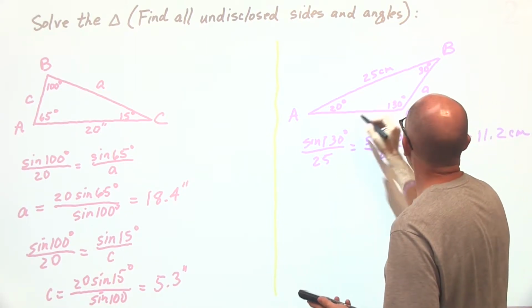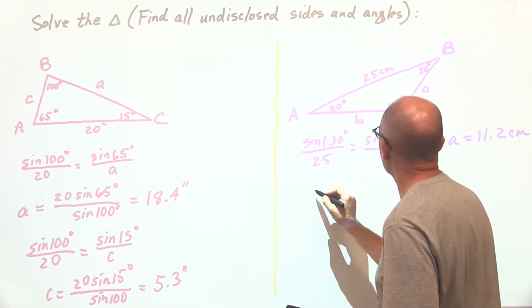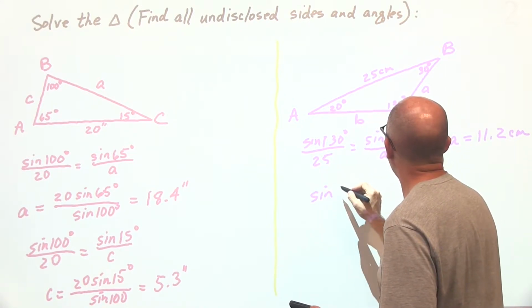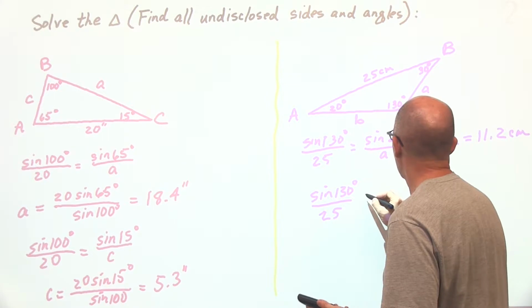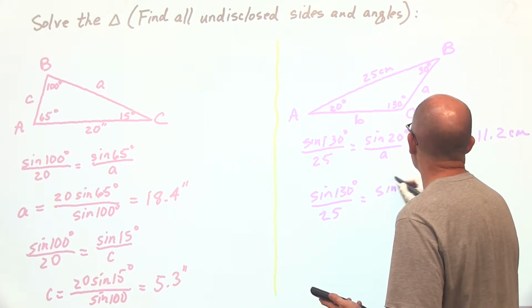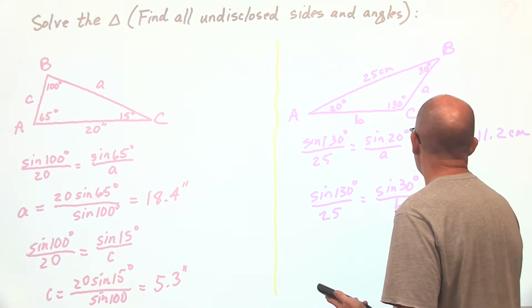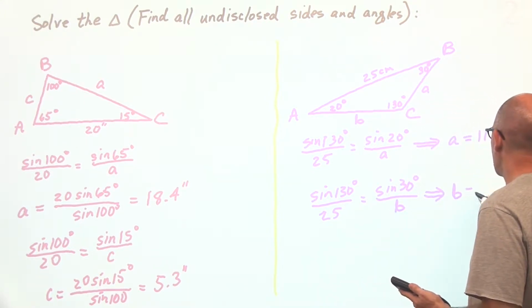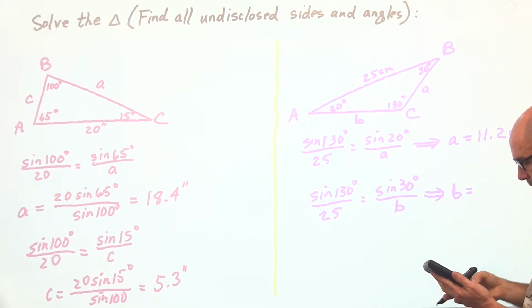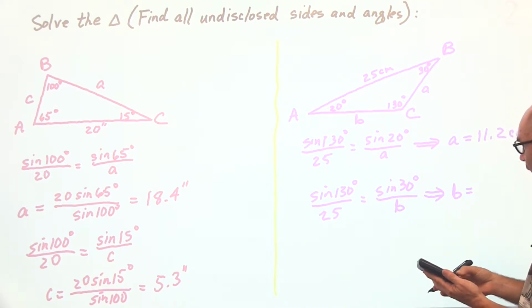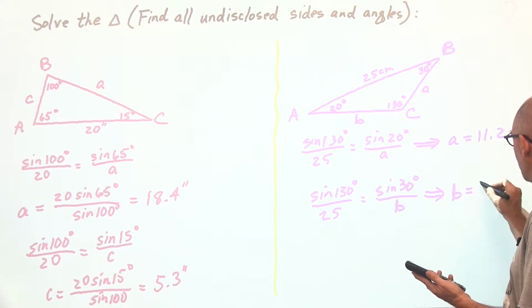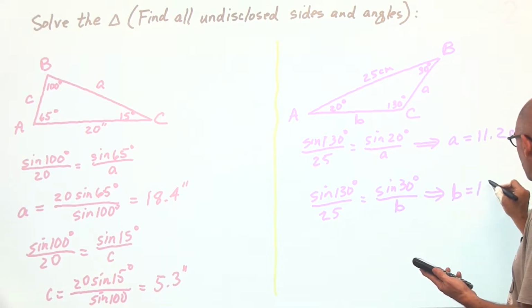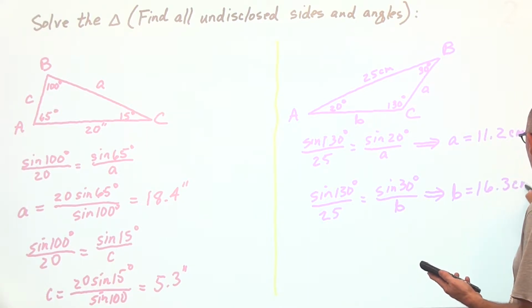Now I'm going to do the same thing with side B, and that is sine 130 over 25 equals sine of 30 over B. So that means B equals, crank this out again, 25, enter, 30 sine times 130 sine divide, and side B equals 16.317, so 16.3 centimeters.